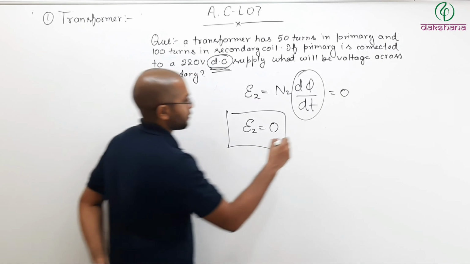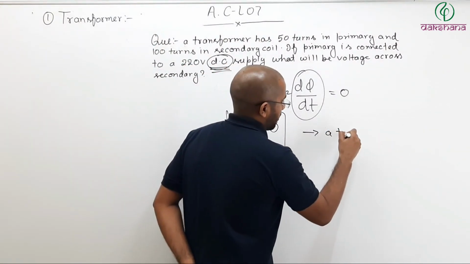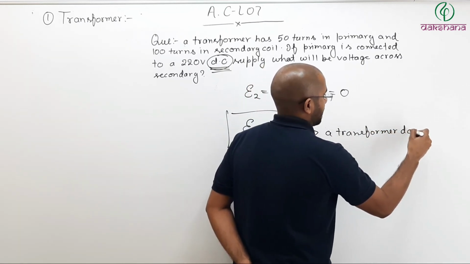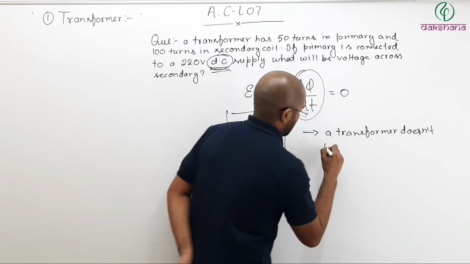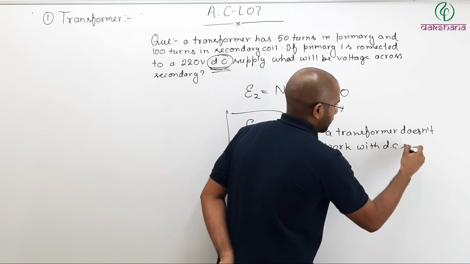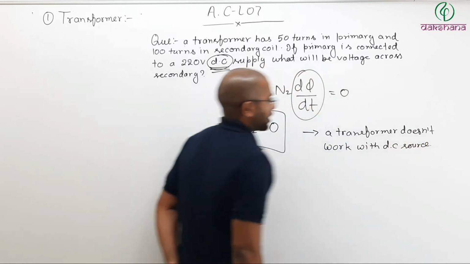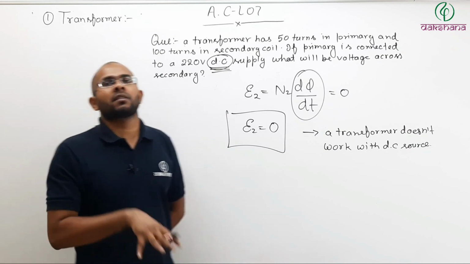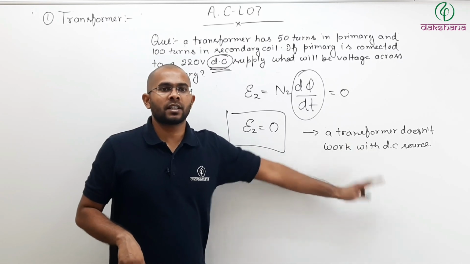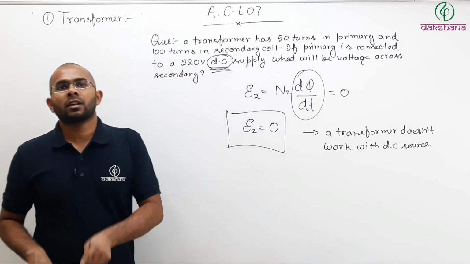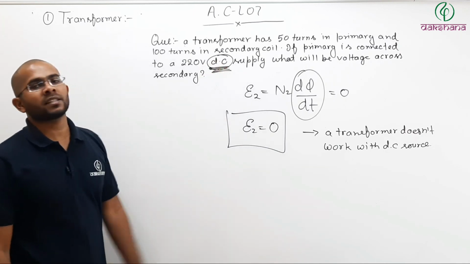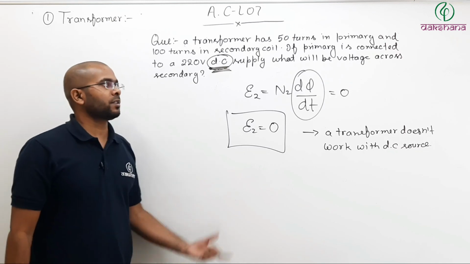So you can write as a note that a transformer doesn't work with a DC source. Why? Because the whole principle of the transformer is changing flux, and in case of a DC source, flux will not change. So here you had to pay attention that they are saying DC supply, not AC supply. You can pause the video and note it down.